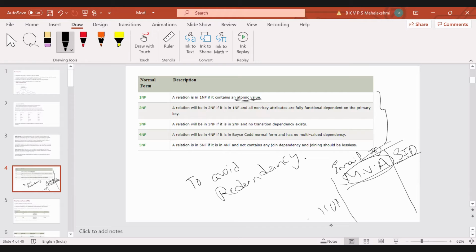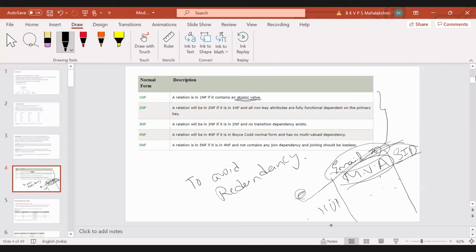Nowadays, students have more than one email ID. So I can say that email is a multi-valued attribute. One student has more than one email. That means it is not satisfying the first normal form. If it is not satisfying, then we can convert this into first normal form.